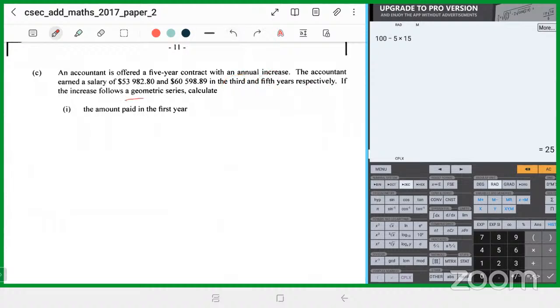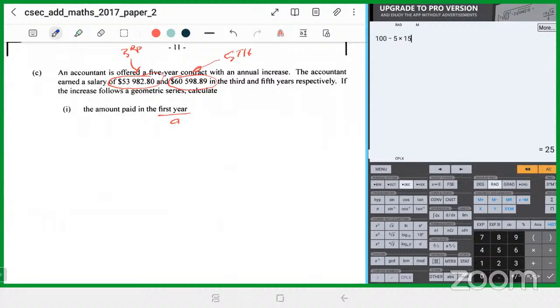If the increase is geometric, calculate the amount in the 1st year. This is asking for A. It is geometric. Well, this is the third year, that's the third term, and this is the fifth term.